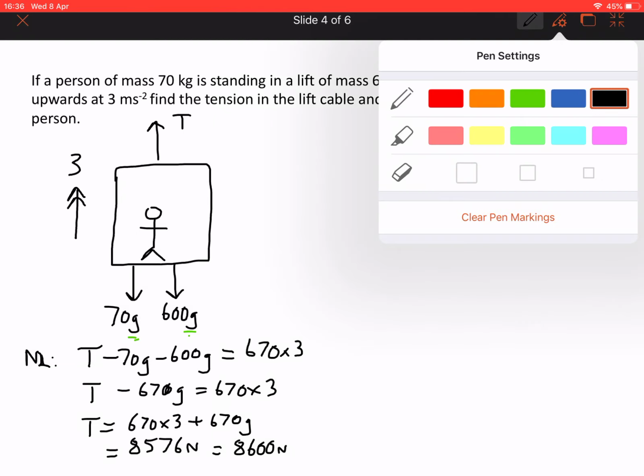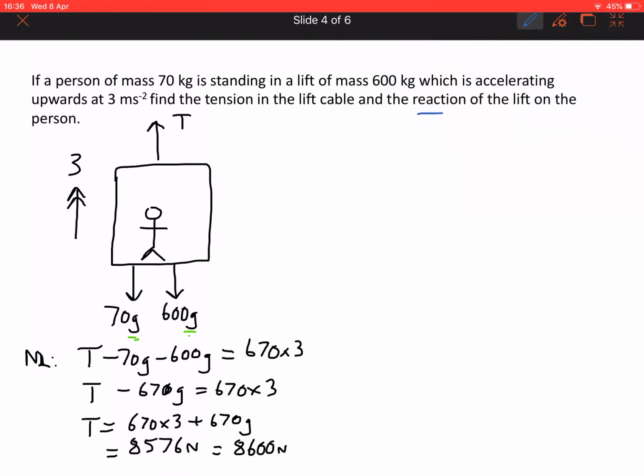Now, if we're going to find the reaction of the lift on the person, I just want to look at the person. The forces on the person are the weight of the person, 70g, and the reaction of the floor of the lift on the person, upwards, R. The person's in the lift, so they're accelerating upwards at 3 meters per second squared.